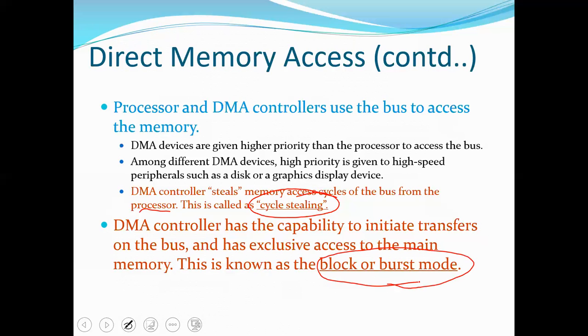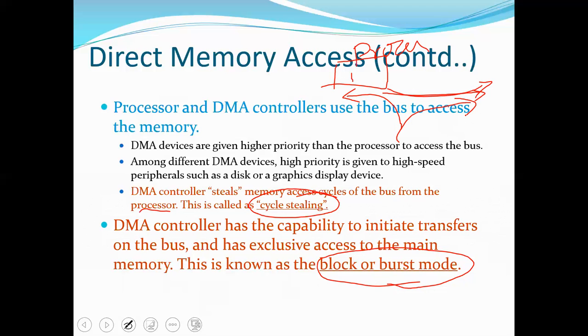In cycle stealing, after each word of transfer, the DMA controller checks whether the CPU needs this particular memory cycle. When the processor is busy executing some other program and does not need memory access, then the DMA process continues. That is cycle stealing.